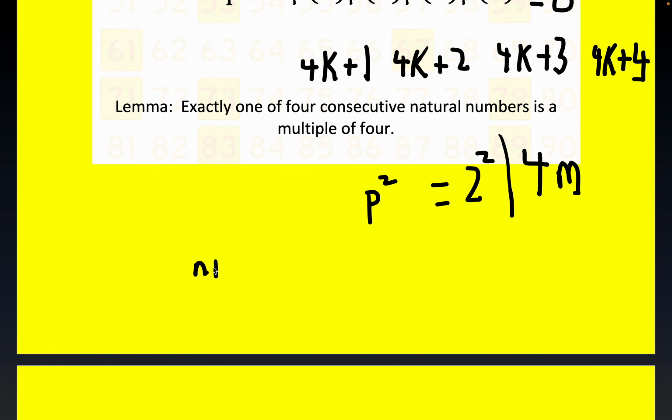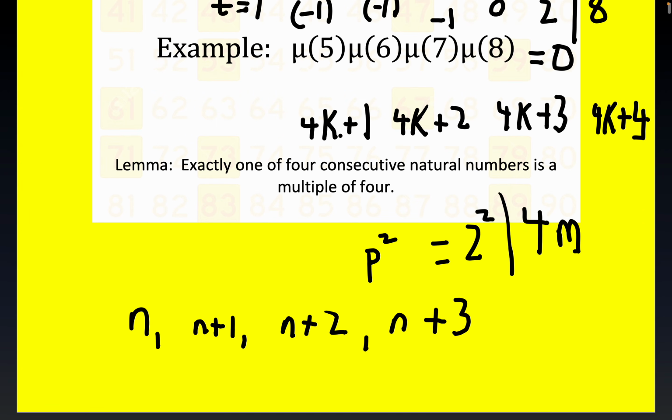If you have n plus 1, n plus 2, n plus 3, and I don't know how to make this, but one of these is a multiple of 4 by the reasoning that we used right here. Okay, so that completes the proof, folks. I'll go ahead and say QED.